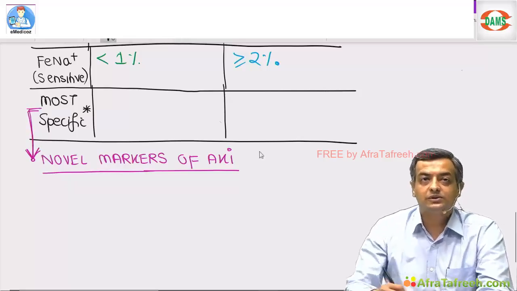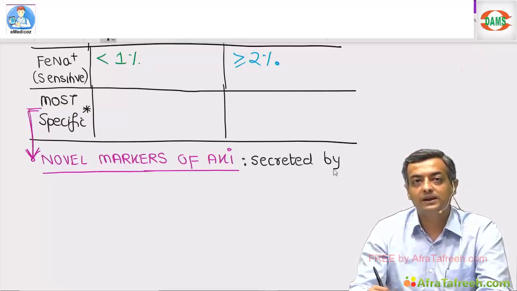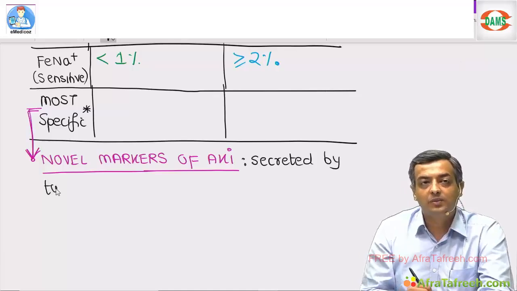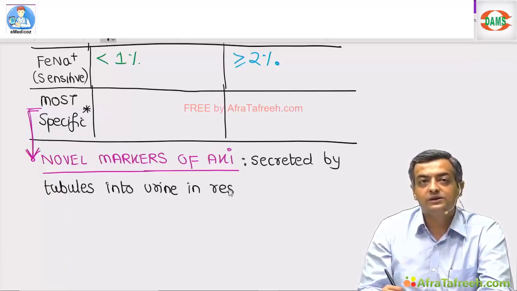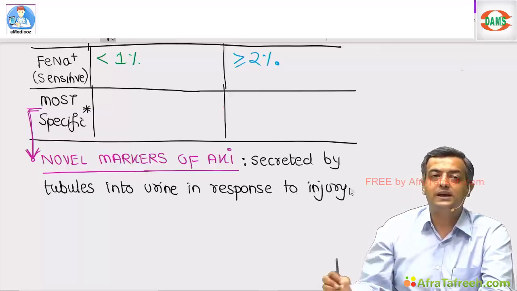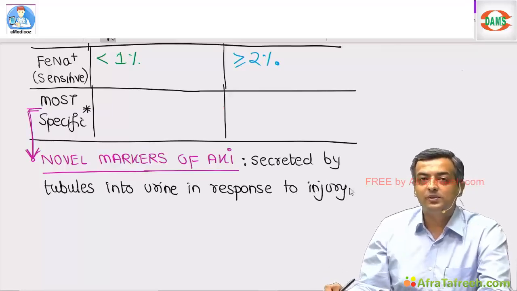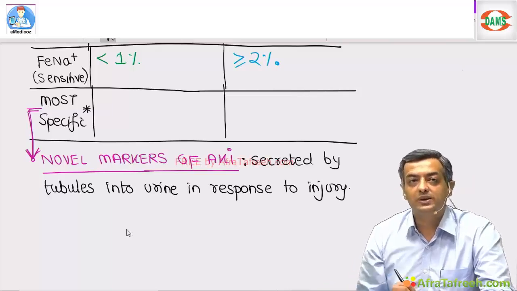These markers are secreted by the tubules into the urine in response to injury.